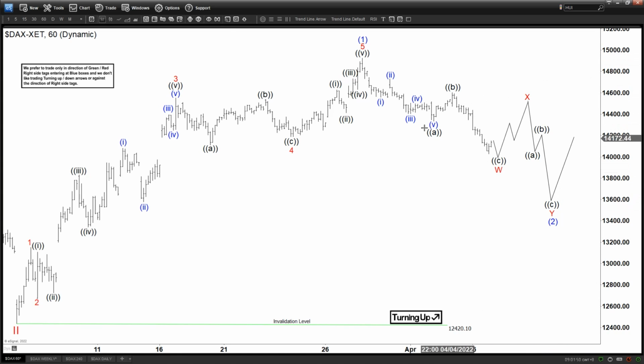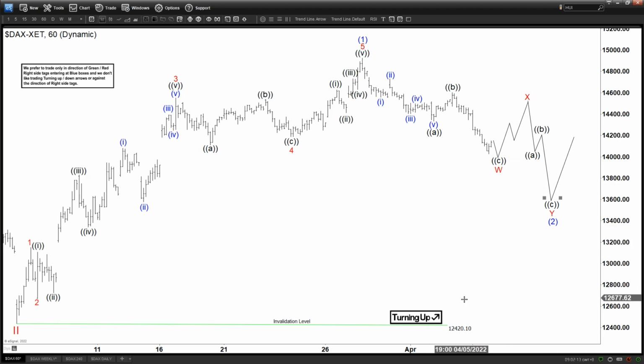In the very short term, we can see we are almost reaching the 100% of the C leg, so soon I think we can get the X rally here. This is the 100% extension area between 14,020 and 13,663. We can get a 3 swing rally from there at least, if not going to a new high.